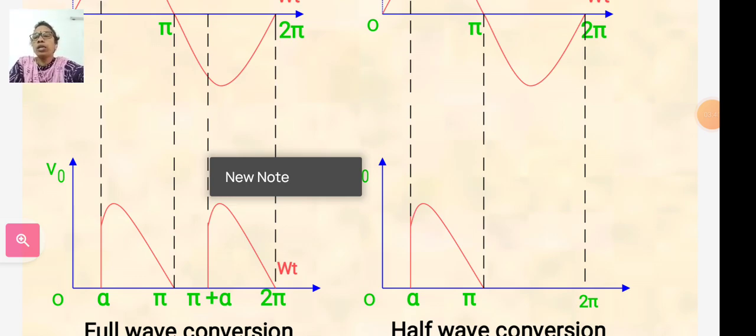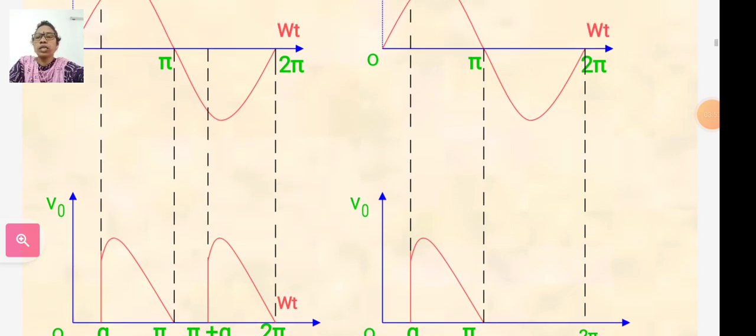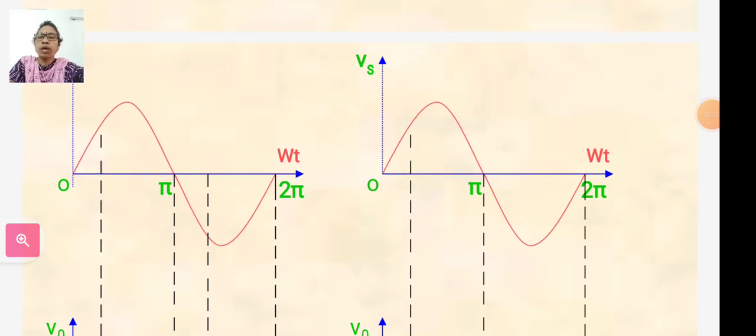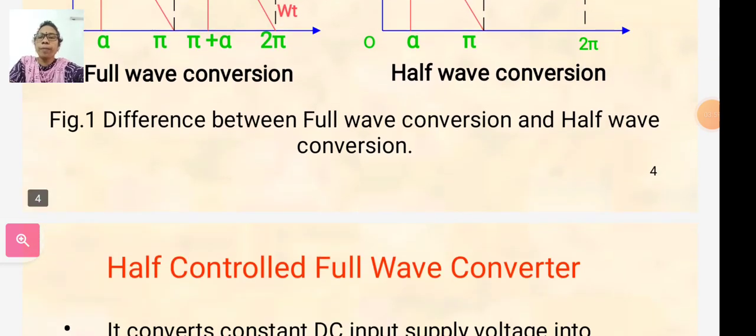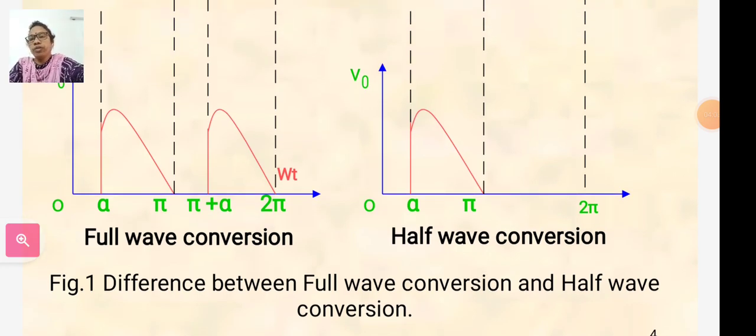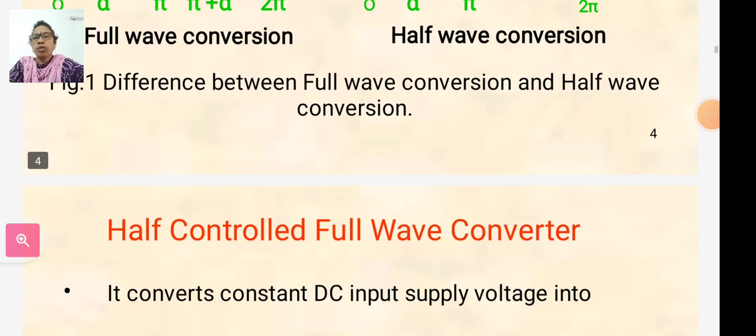So in the output DC supply, the waveform comes in forward bias only. In the case of half wave, this is the sine wave, and the pulse comes only once. So that is the difference between half wave and full wave controlled converters.